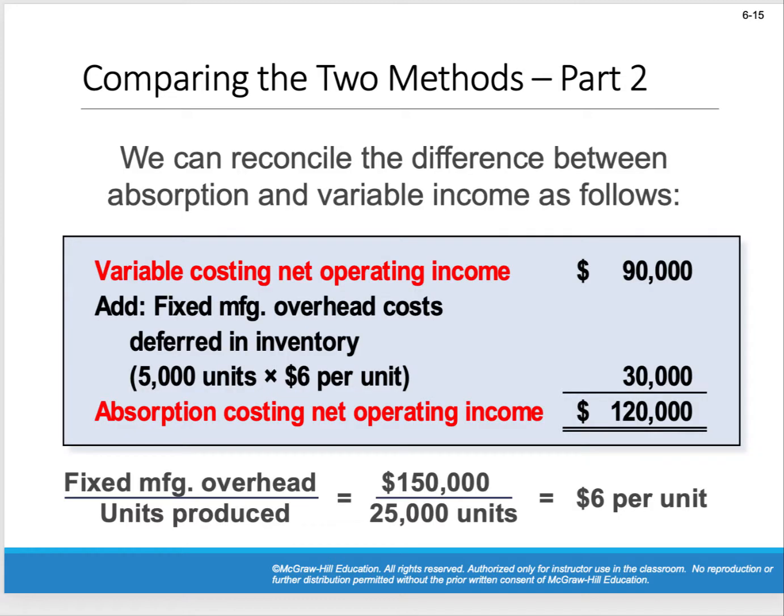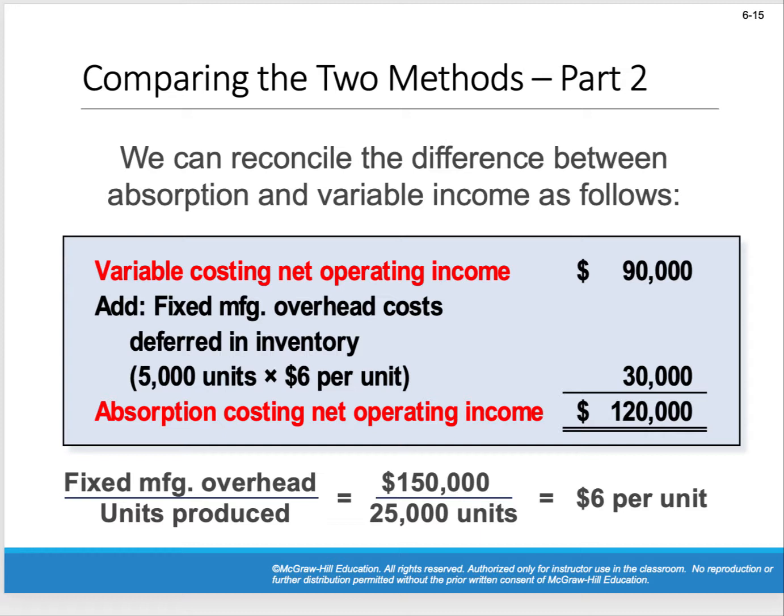So let's see how we reconcile the differences between absorption costing and variable costing. The first thing we start off with is our variable costing net operating income. If you think back to the previous video, we already identified that the net operating income under the variable costing method is 90 grand.